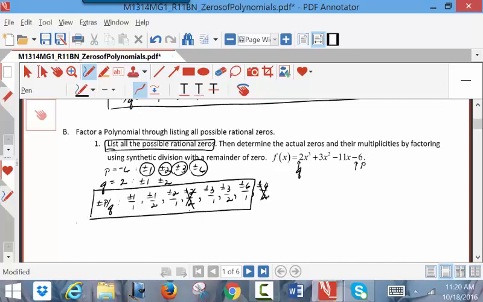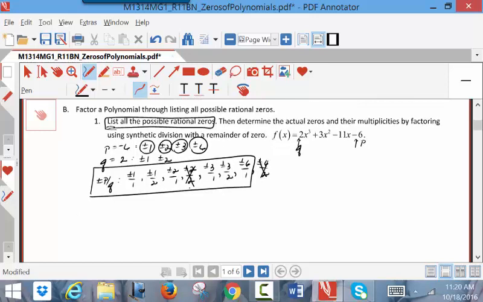Now I have to go to this list and take a guess at which one of these will work through synthetic division and give me a remainder of 0. So I want row 1 of you in this classroom to take a positive 1 through synthetic division and see if you get a remainder of 0.